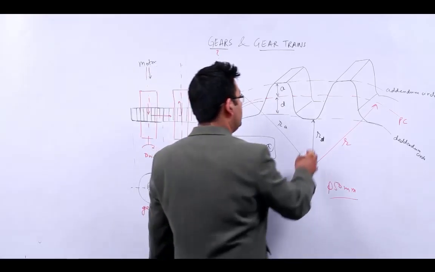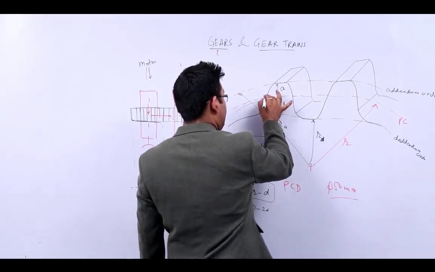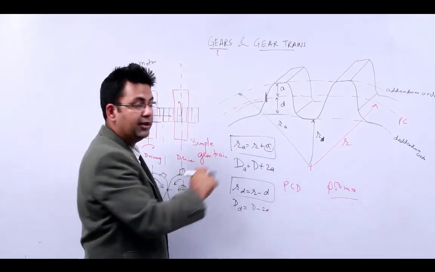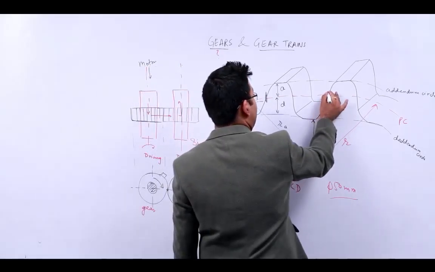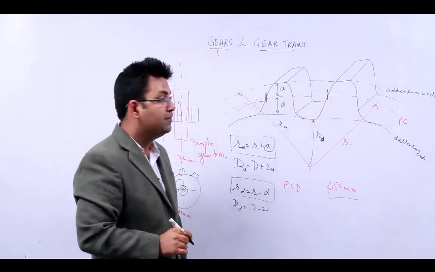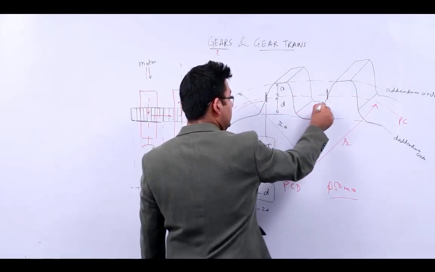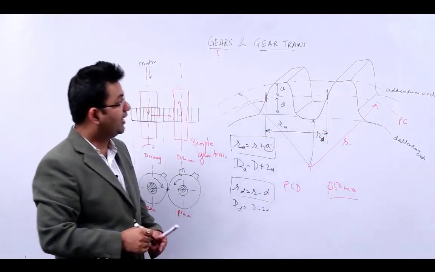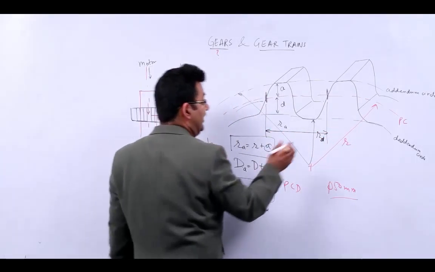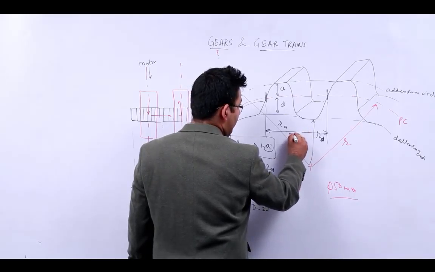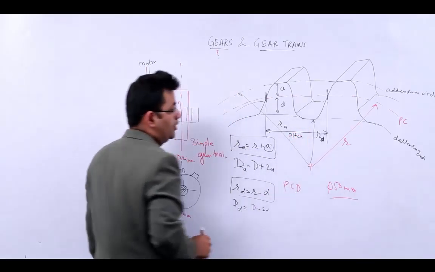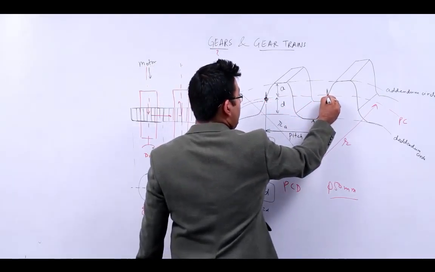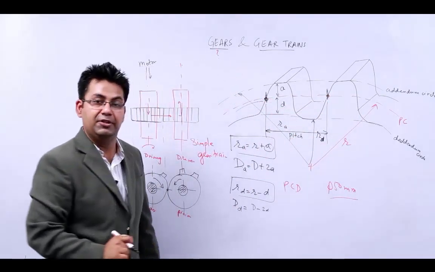Right. Now, let us take this point on this tooth and the same point on the consecutive tooth. The distance between same points on consecutive teeth is called pitch. So between this point and this point, the distance is called pitch.